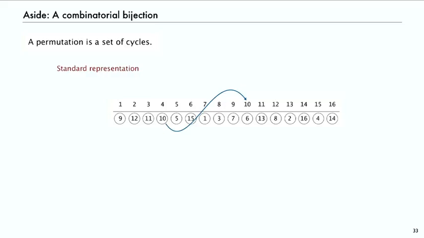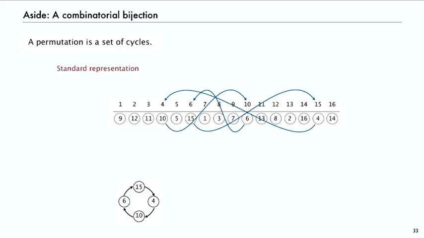And the 10th entry in the sequence is 6, so we go to 6. And the 6th entry in the sequence is 15, so we go to 15. And the point is, as you see from this example, eventually you're going to get back to where you started. That's a cycle. We could depict that just like this: when you go from 4 to 10 to 6 to 15 back to 4.